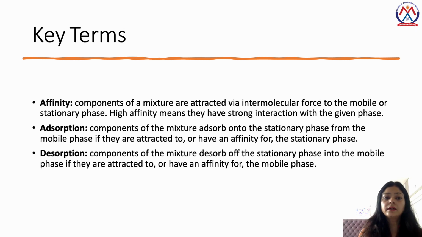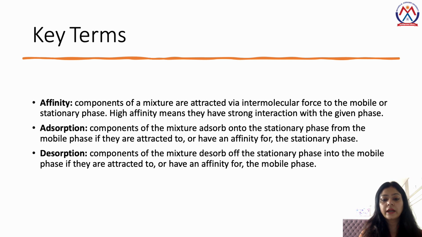There are various key terms which are used in chromatography such as affinity. Affinity can be defined as components of a mixture are attracted via intermolecular force to the mobile or stationary phase. High affinity means they have strong interaction with the given phase. Adsorption.